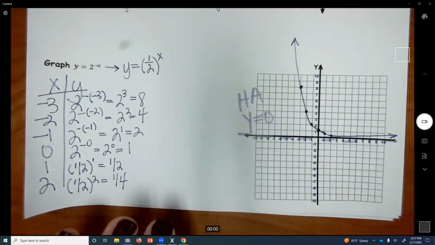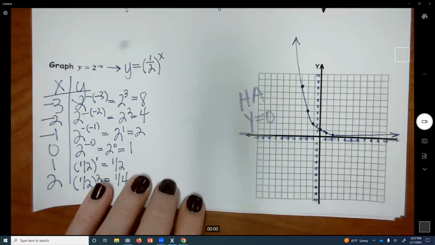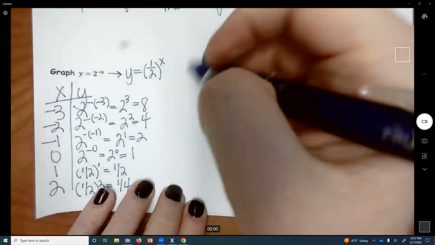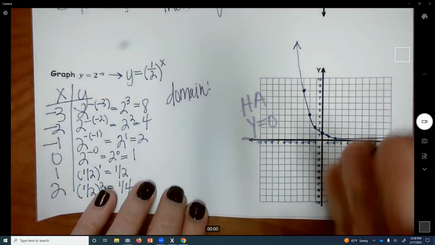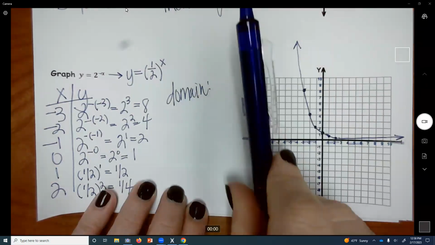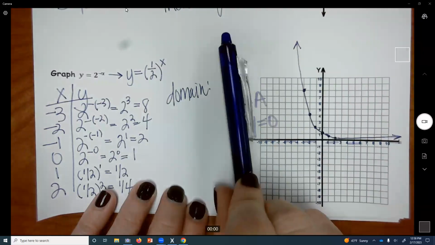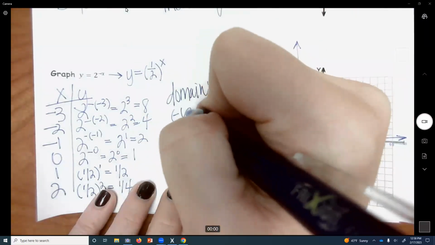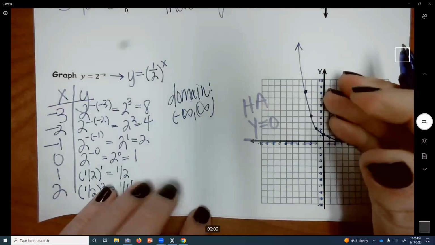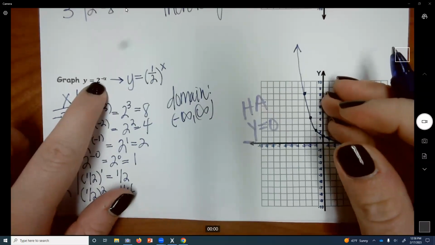So let's talk about the same domain and range and what this function is doing. My domain, and I go from left to right, and so probably looks better on the video. From left to right, we go arrow to arrow. So my domain is -infinity to infinity. Again, I can plug in any number I want into x.